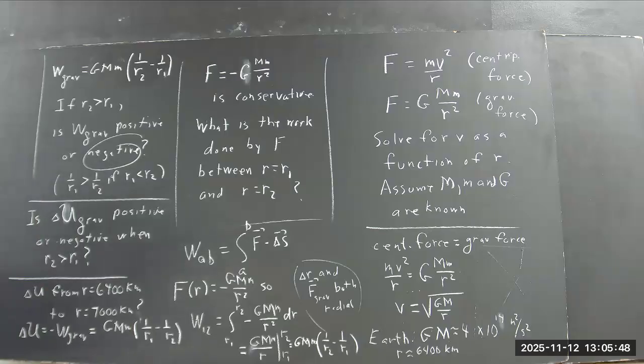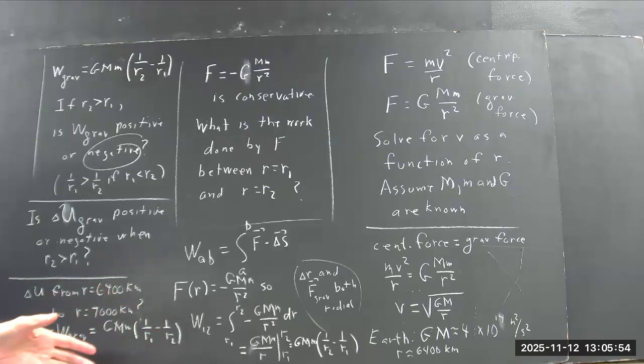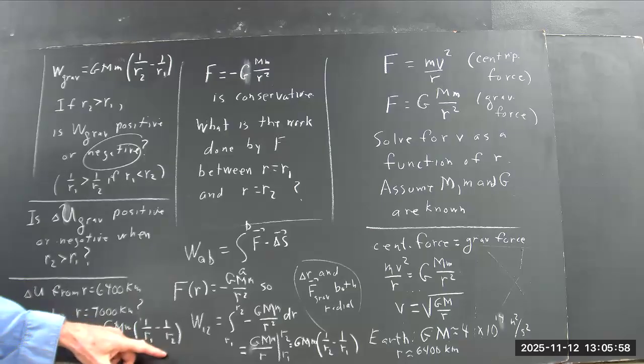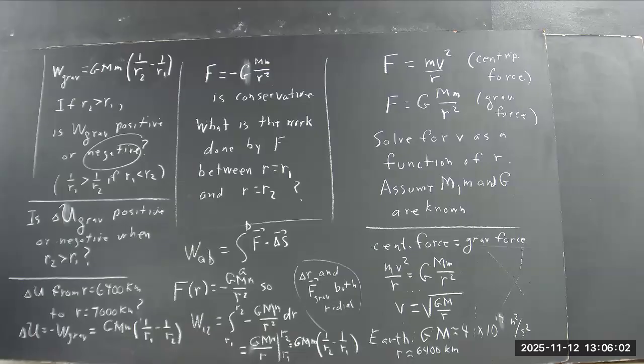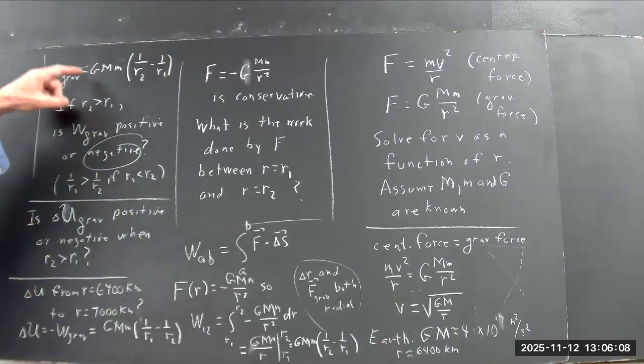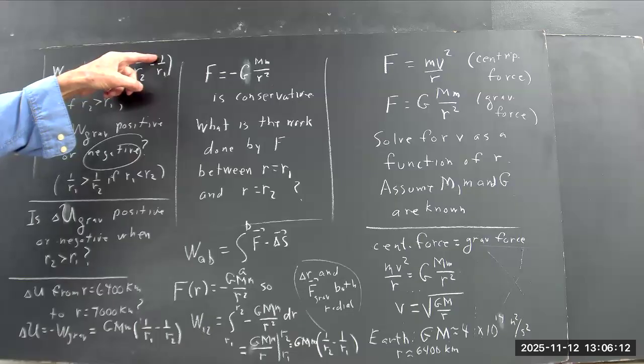Okay, so again, the question was, when you did the negative there, you just changed positions of these two things. Was R1 here and R2 here, now R2 is here and R1 is there? Looks like you just kind of switch them, but no, you switch them because you change signs. You distribute a negative through this, you get a negative 1 over R2 and a positive 1 over R1.